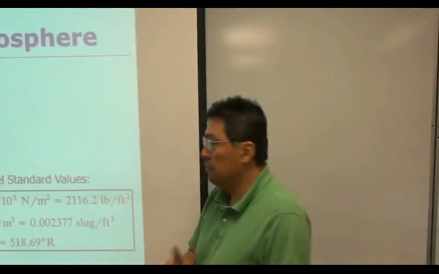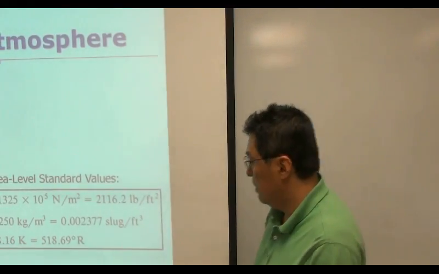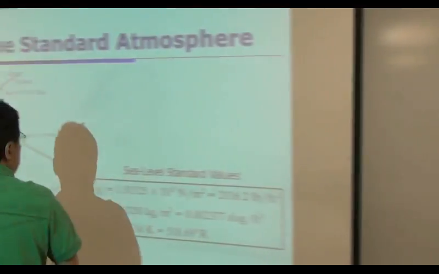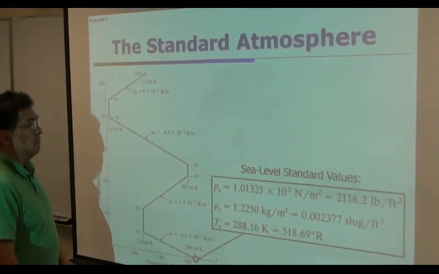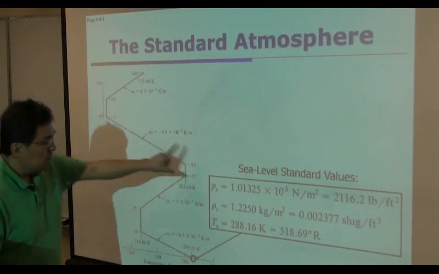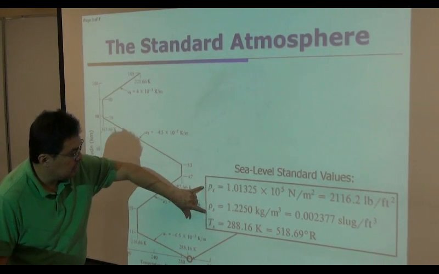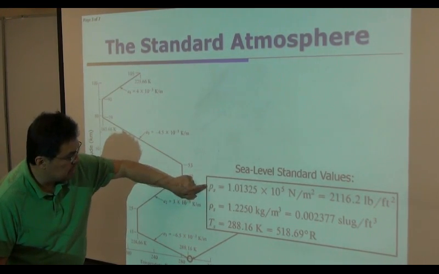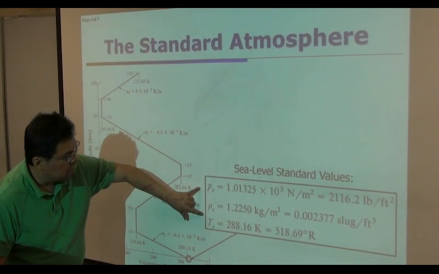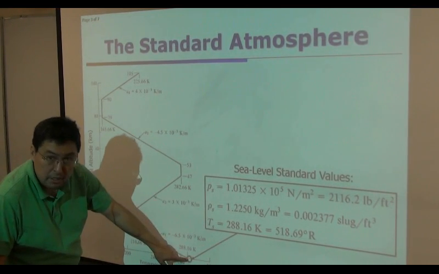One more thing before we move on to the next stage. Okay. Now, in the aerodynamic model of atmospheric pressure, we always start from these values at the sea level. So this is something called standard sea level atmospheric values: pressure, density, temperature. We are going to always start from right here.